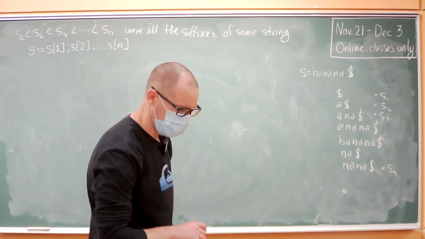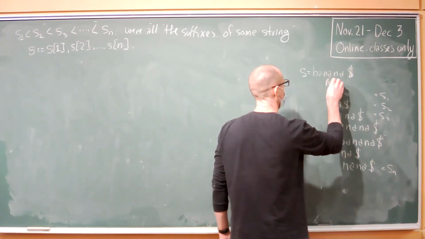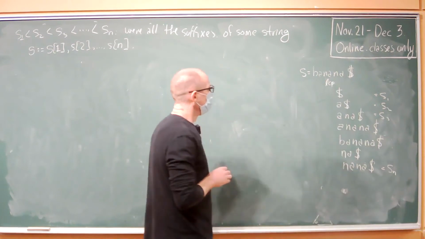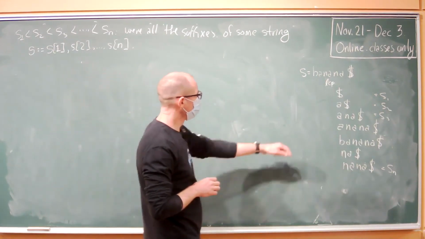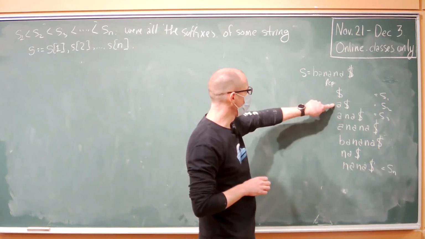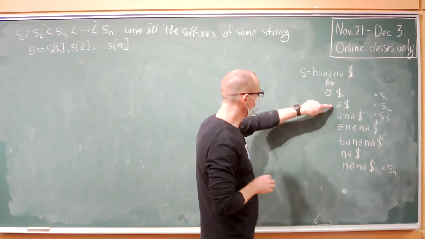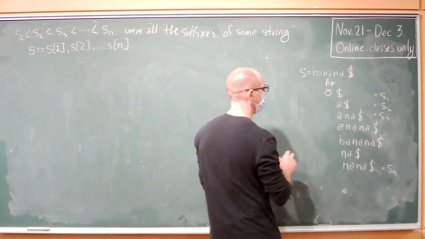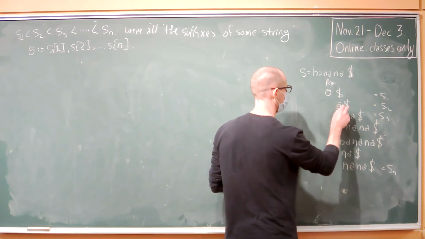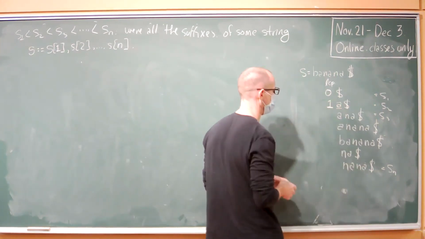Now, let's look at the LCP values. Well, this one and this one differ in their first character, so that's a 0. This one and this one agree in one character, then they differ, so that's a 1.